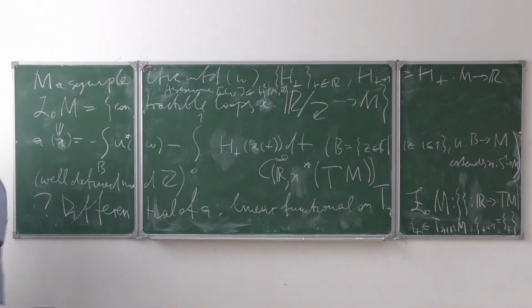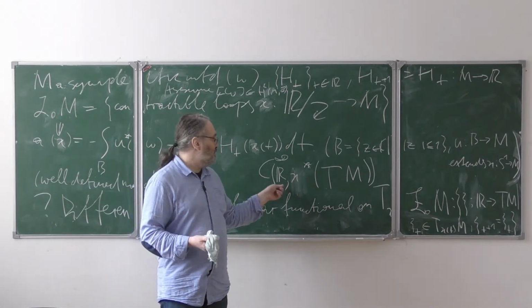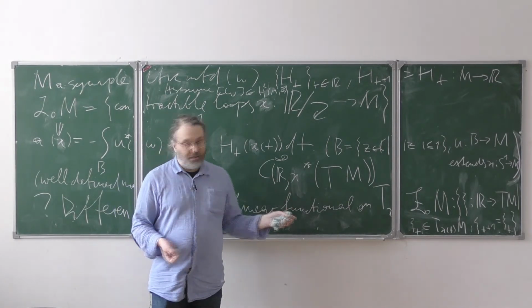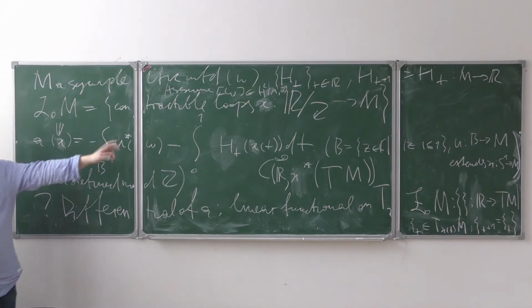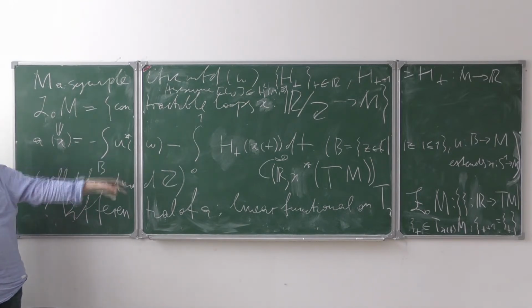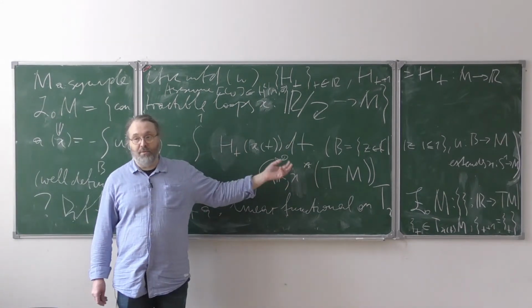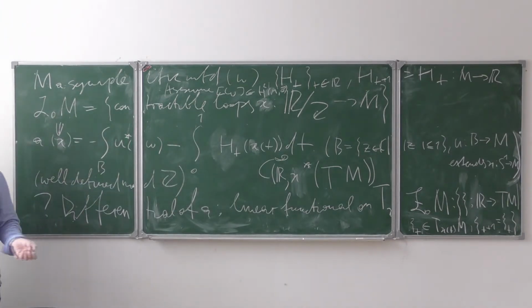Okay, now we can see the sort of topological vector space which locally models this smooth manifold. It's the space of sections of some vector bundle on R. It's a topological vector space.